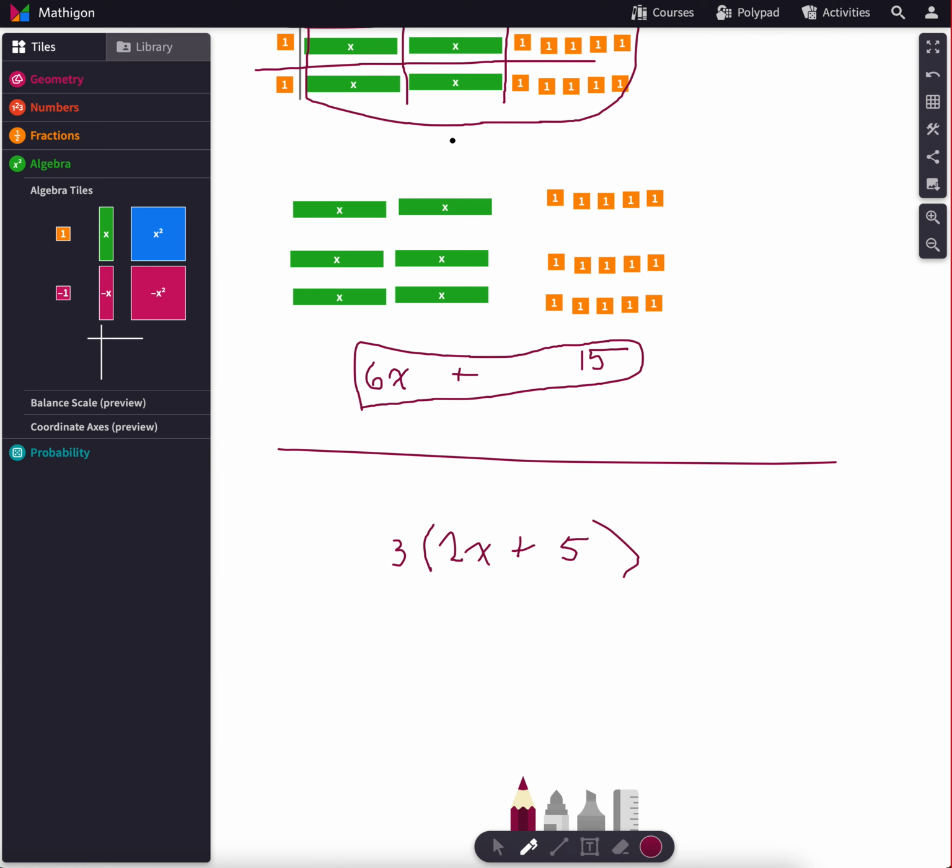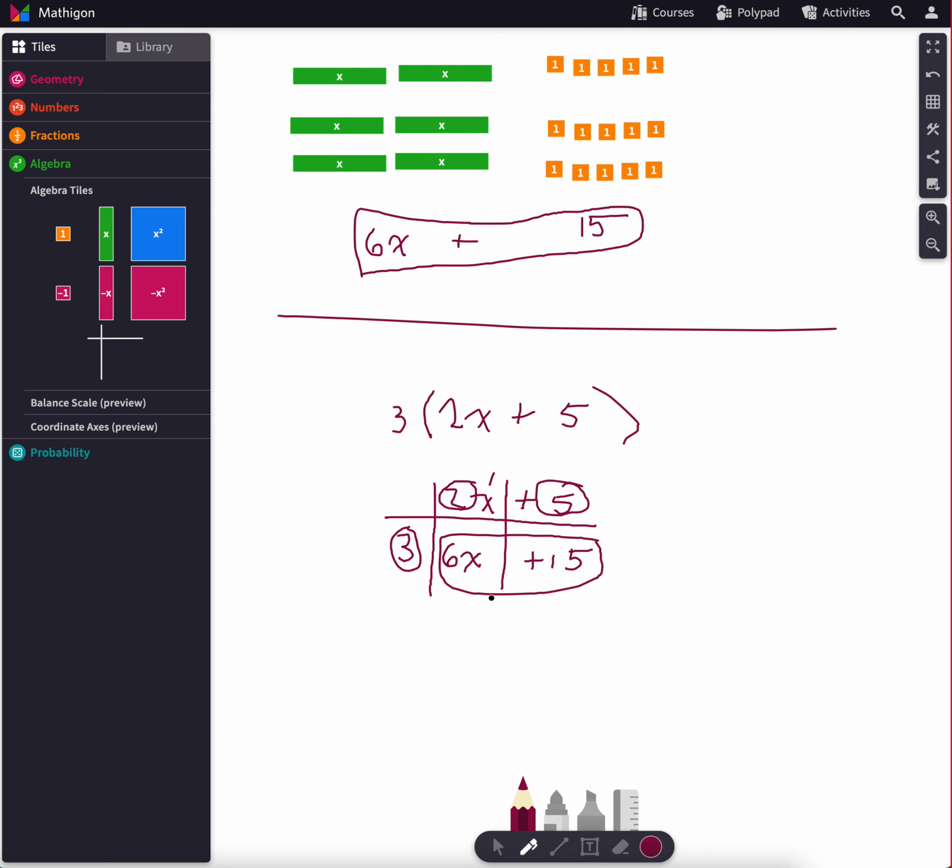Well, you don't have to build this with tiles. You guys can go like this. 3, 2x plus 5, and draw the table. 3 times 2 with an x on it is 6x. 3 times 5 is positive 15. And all of a sudden, there's your answer. 6x plus 15.